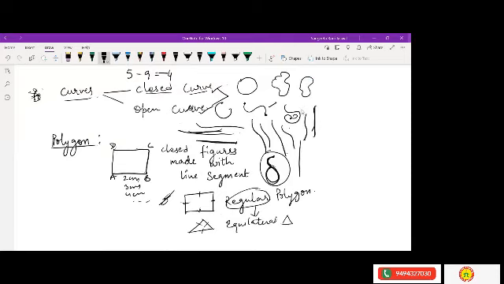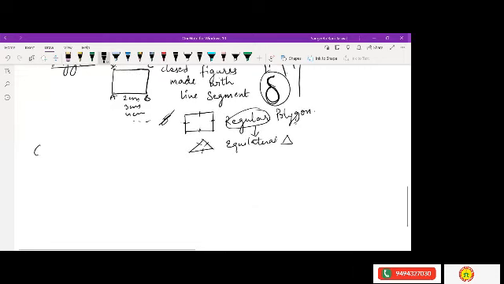Now, coming to convex and concave polygons. We studied about convex and concave polygons. First we'll do convex polygons. Convex polygons are those polygons where each angle is less than 180 degrees. Suppose I'm talking about some closed figure like this.